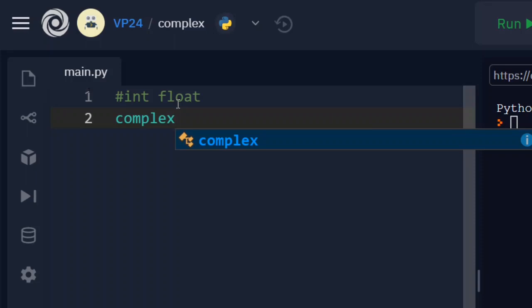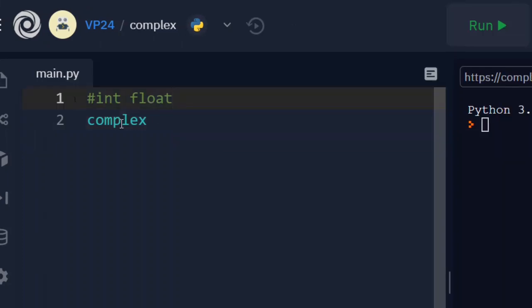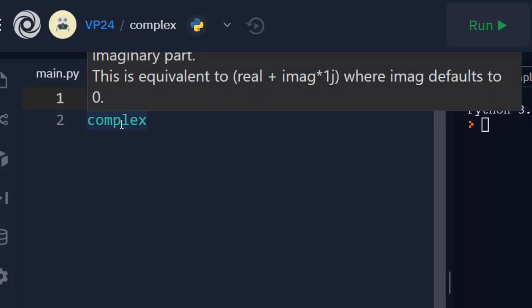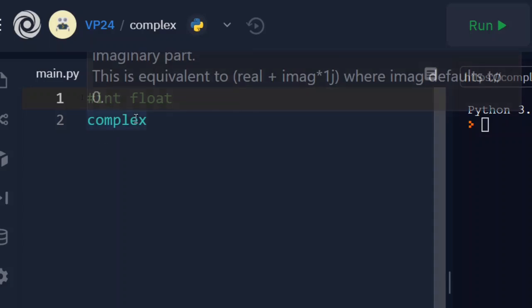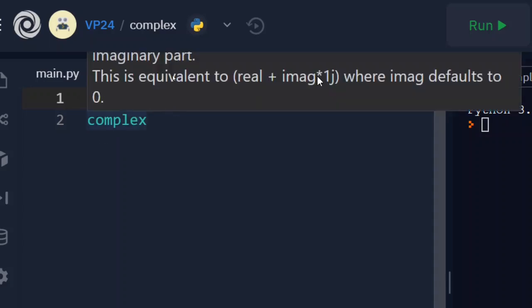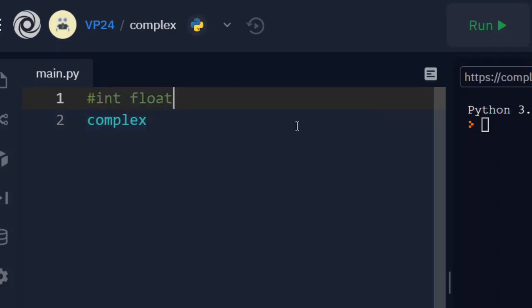And what is this complex data type? Well, as soon as I hover over this, my REPL gave me this information that complex means something which has a real part and an imaginary part, right? So hopefully you might have heard that in mathematics there is a concept of complex numbers, which is the same as this.